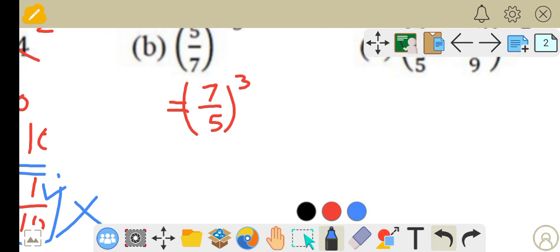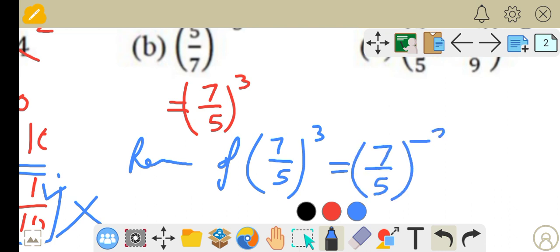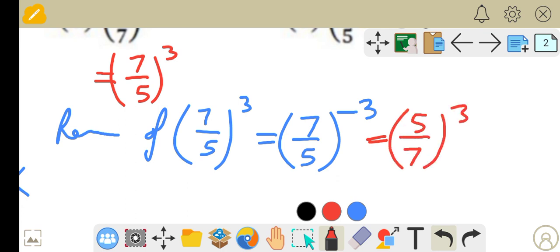Reciprocal of 7 by 5 to the power 3 is 7 by 5 to the power minus 3. This is your answer, or you can also declare your answer in simplest form as 5 by 7 to the power 3. This is also correct, and this is also correct.